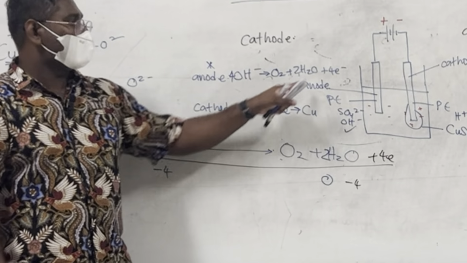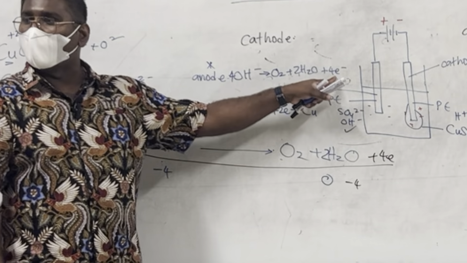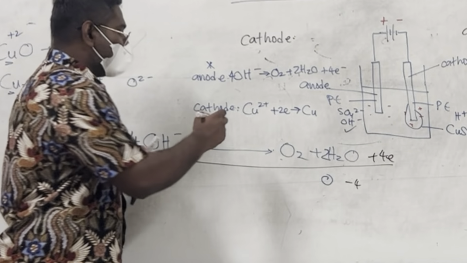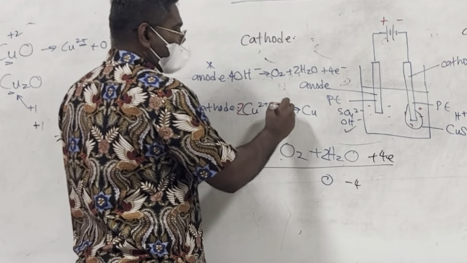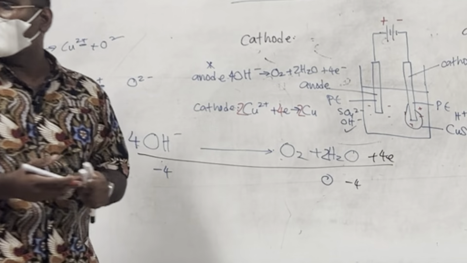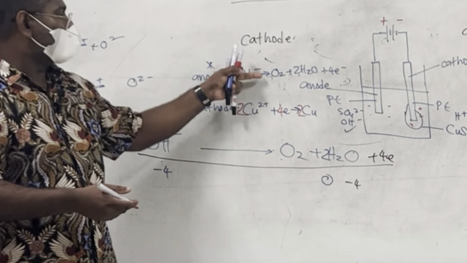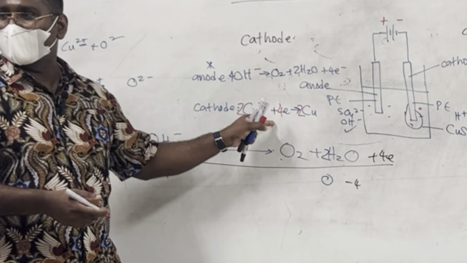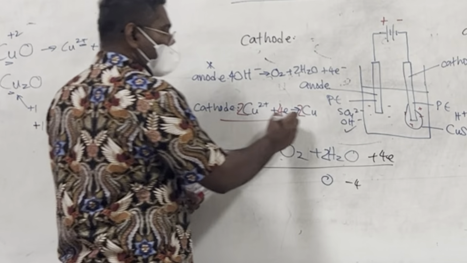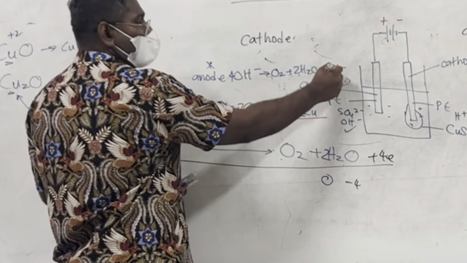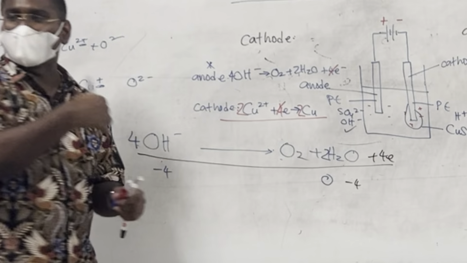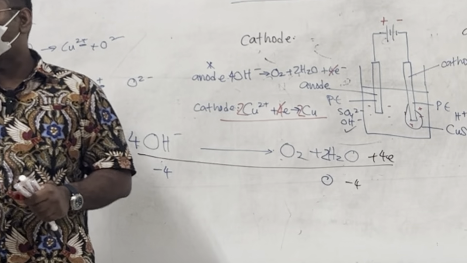2 electrons, 4 electrons. You want to cancel, you times this by 2. Then you add this and this. When you add these 2 equations together, the 4 electrons and the 4 electrons will cancel automatically, left and right.